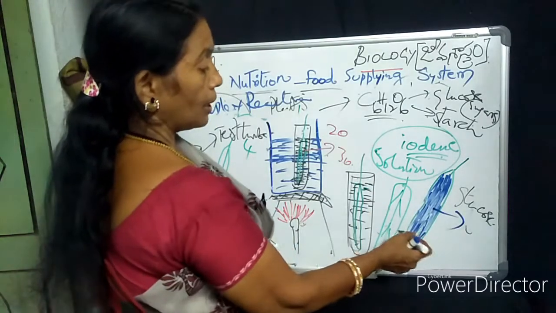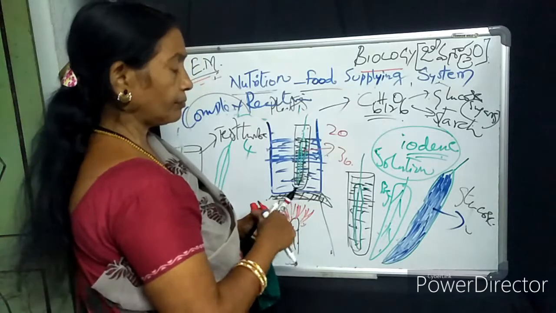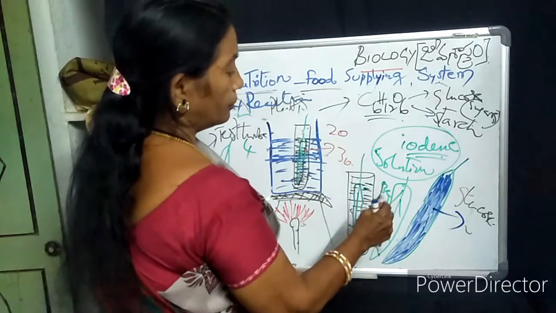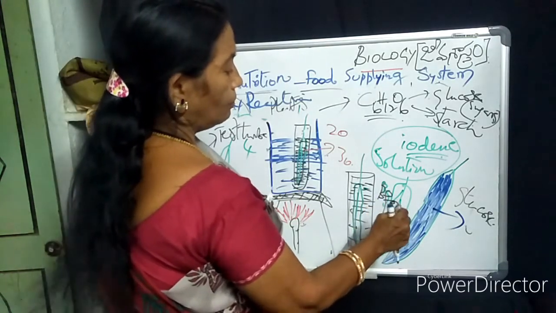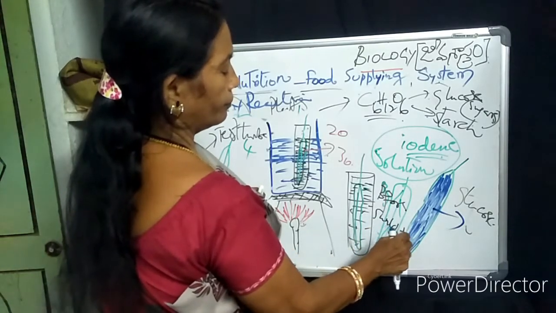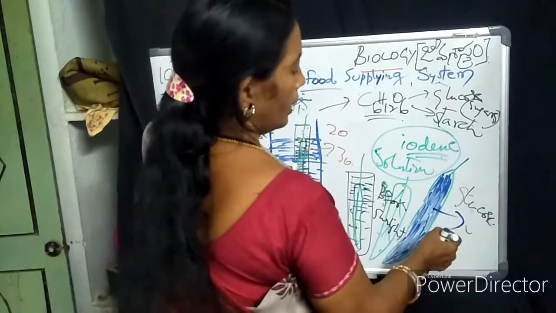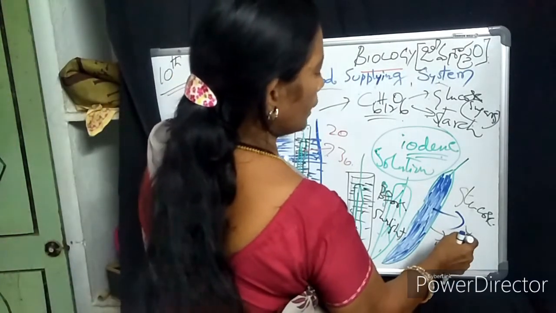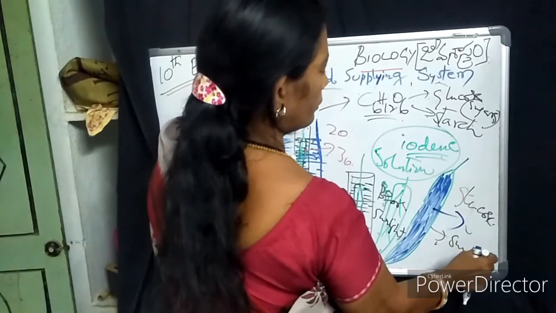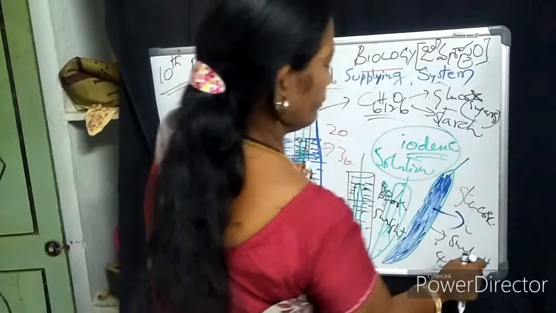This leaf is before getting sunlight, that means at dawn, in the early morning. This one is after getting sunlight for 4 or 5 hours.